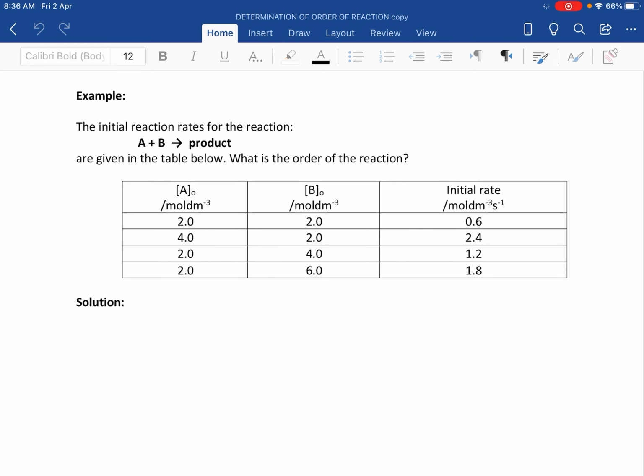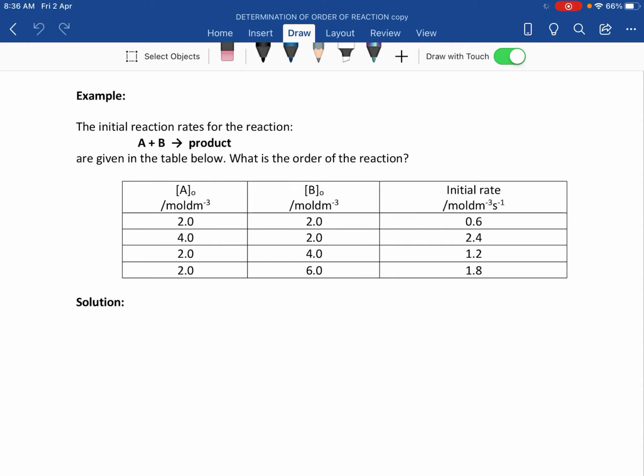Let's say we have this reaction, A plus B producing product. The initial reaction rate is given in the table. What is the order of reaction? First, we write the rate law equation generally, which looks more or less like this.